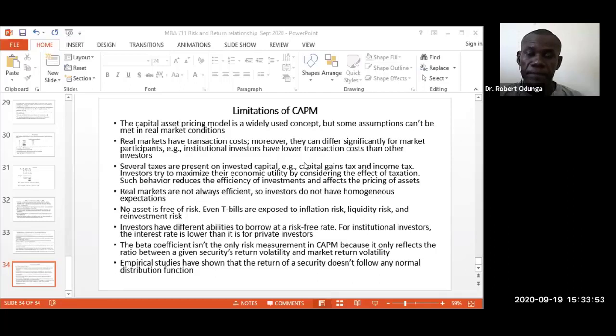So we cannot have completely no taxes. In an efficient investment, they should be taxed, because tax is a contributing element in the pricing of an asset.